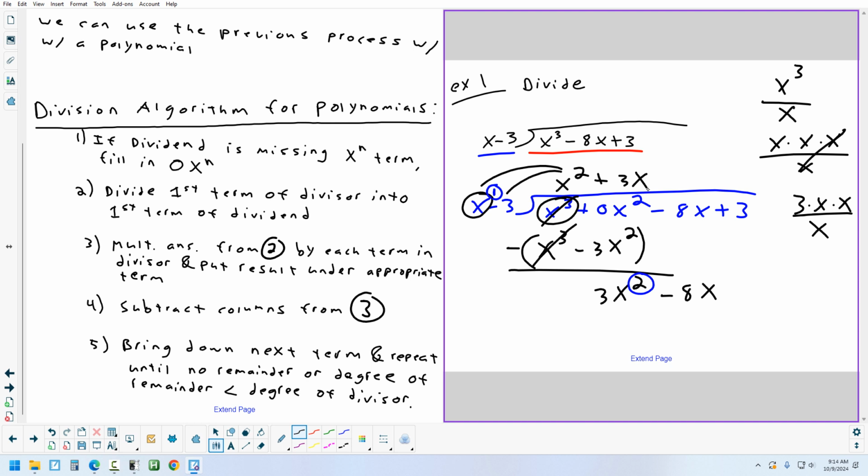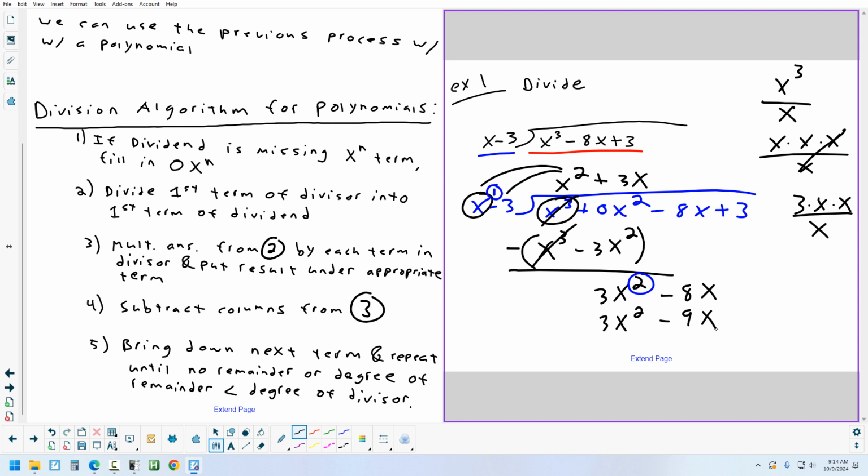We're going to multiply that back out to the x minus 3. What's 3x times x? 3x squared. Good. And what's 3x times negative 3? Yeah, good. Negative 9x. Okay, so multiply it back out.